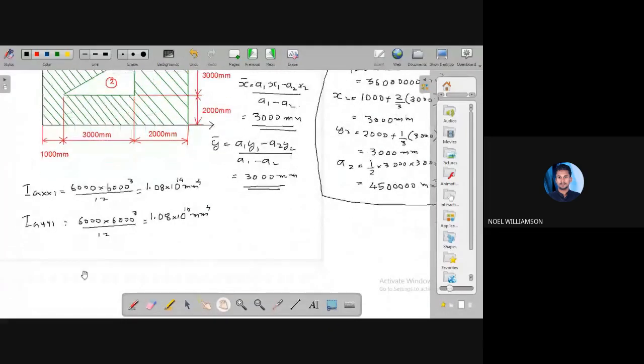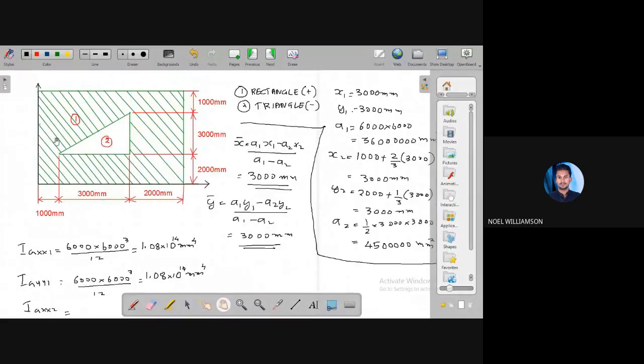Now IG moment of inertia for the section 2, IGXX2 and IGYY2. Here instead of 12 we are using 36, and the dimensions here, the x-axis is cutting this particular length, and both the lengths are 3000, so there is no confusion in that.